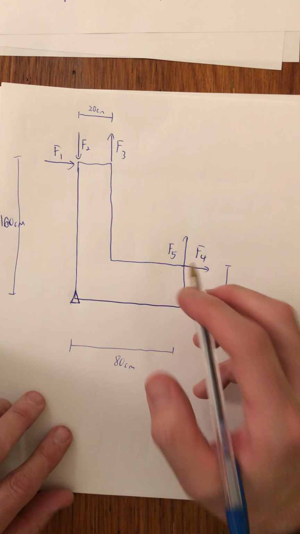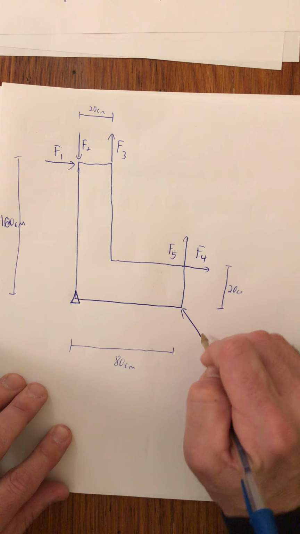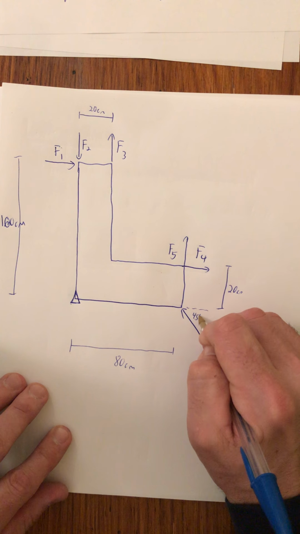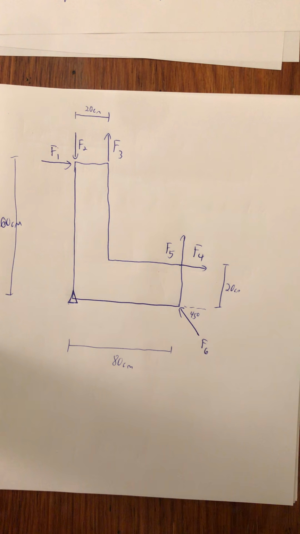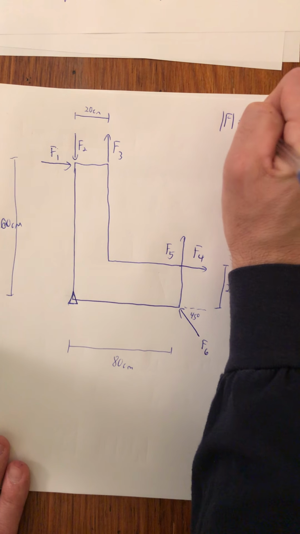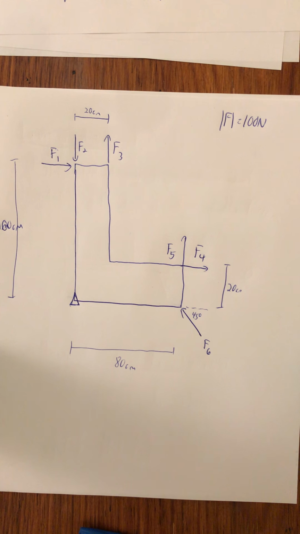Okay, and let's do one more here. All right, so let's say all of our forces have a magnitude of 100 newtons. So here we go. What I want to do is find all the torques.